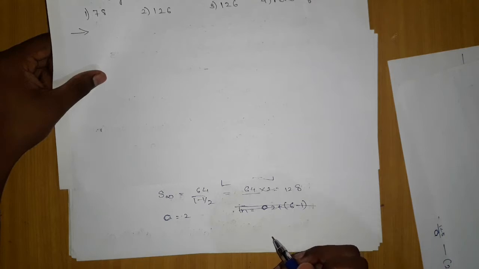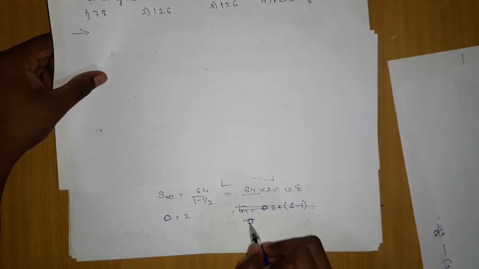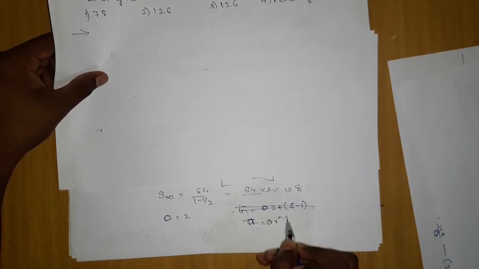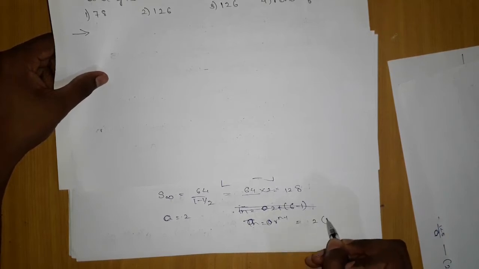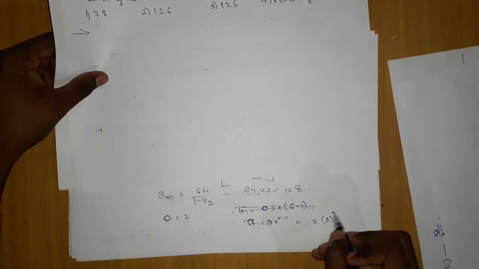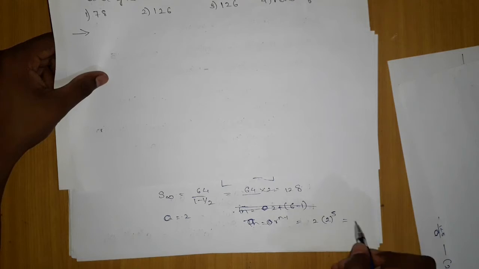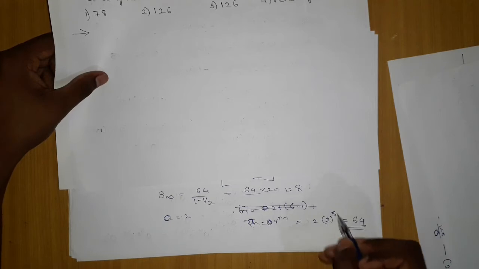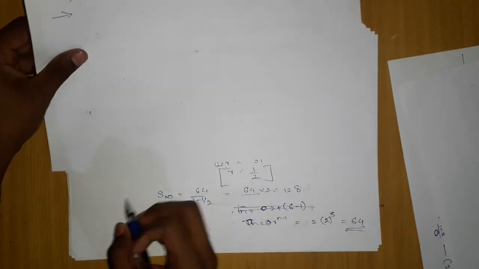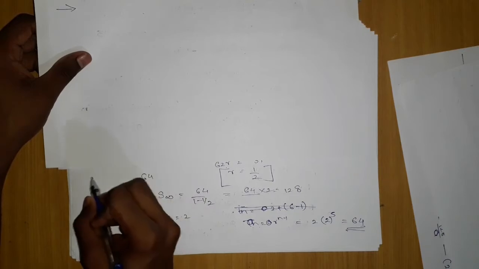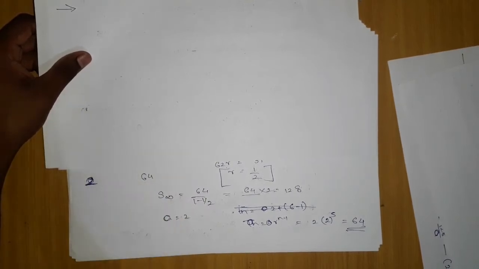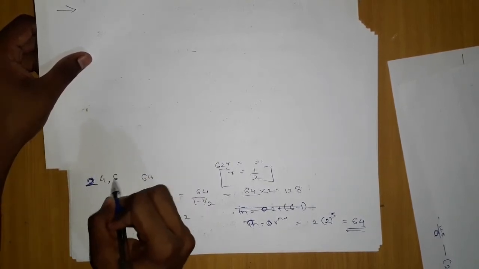So I know that Tn will be a r power n minus 1. Here 2 into r is 2 only, n minus 1 means 6 minus 1 means 5. This will be 2 into 32, which is 64. So the greatest term for an increasing GP is 64 and the smallest term is 2. My r is 2, so I can predict the next terms easily.